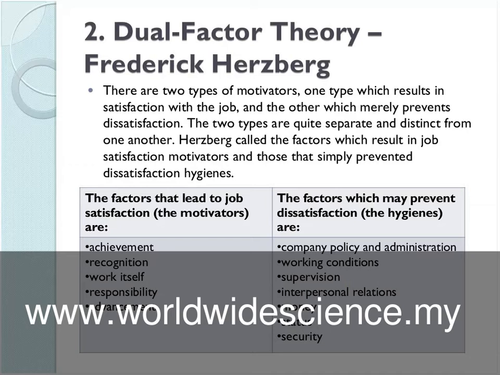Herzberg called the factors which result in job satisfaction motivators, that satisfy the employees, and the other ones, that prevent the dissatisfaction, the hygienes. Whereas the factors which may prevent dissatisfaction, we call the hygienes.